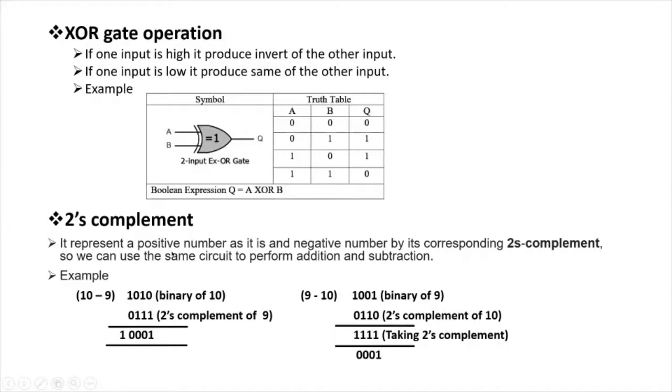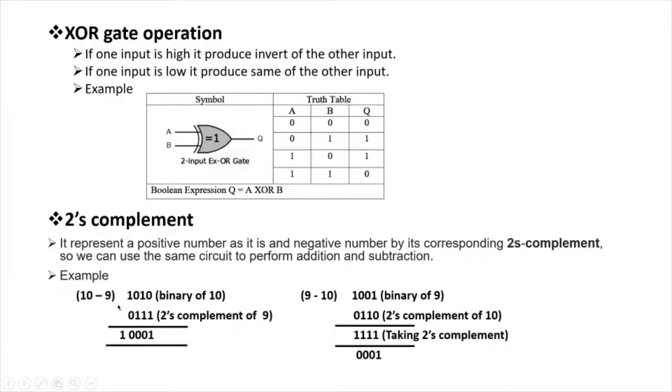Next we have 2's complement. We all know the method of 2's complement. The binary of the given number is to be inverted and 1 has to be added. That's called 2's complement. The 2's complement is used in binary to represent negative numbers also, which is its major role. As you can see in the example, 10 minus 9. 1010 is the binary value of 10 and 0111 is the 2's complement representation of minus 9.